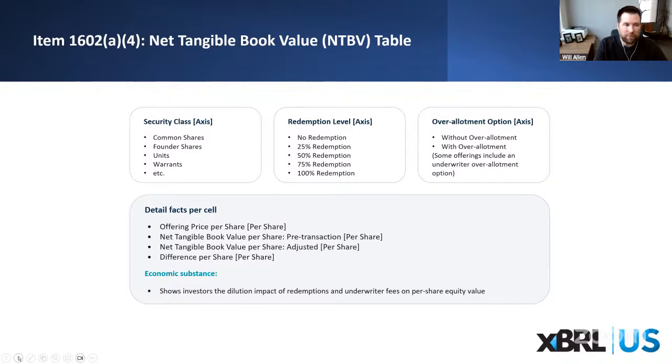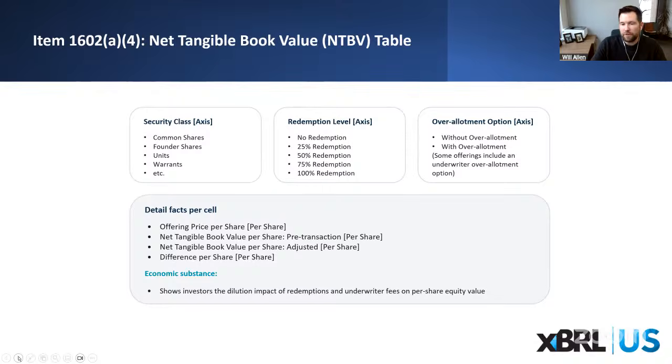Public investors want to understand, if I buy a share at the offering price of $10, what's my actual net tangible book value per share going to be immediately post-offering? And if a lot of shares are redeemed, how does that affect my equity?